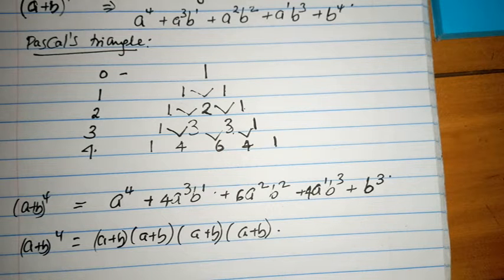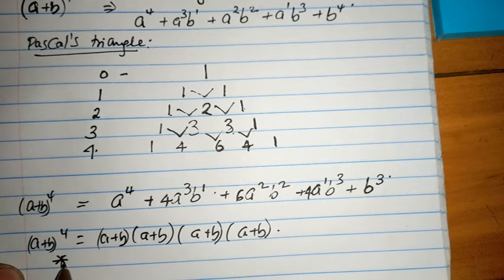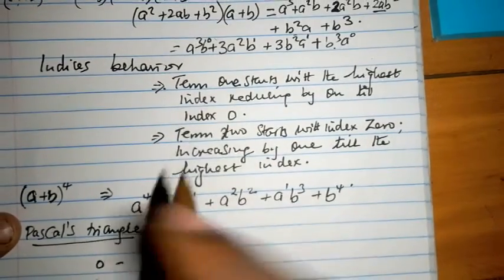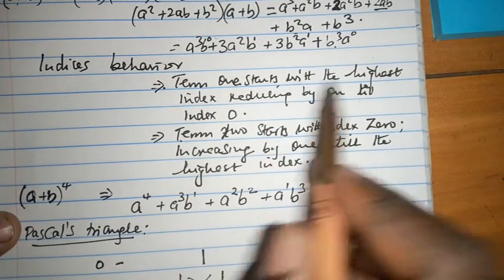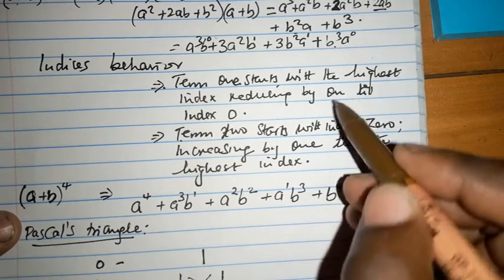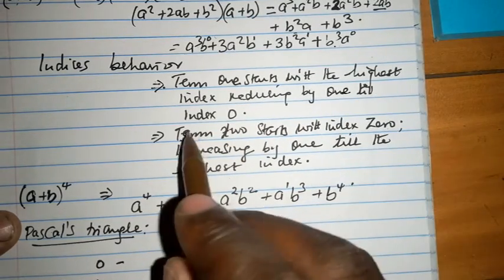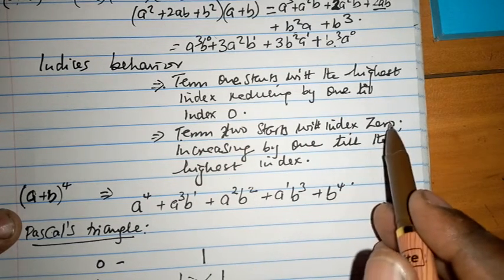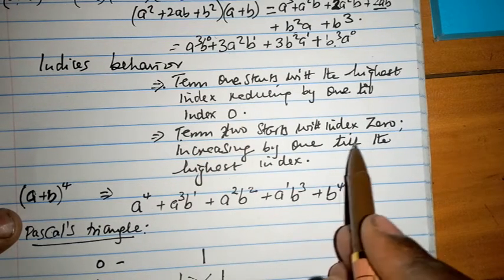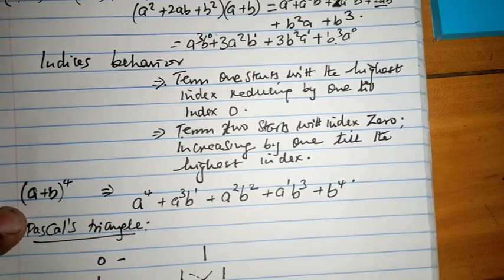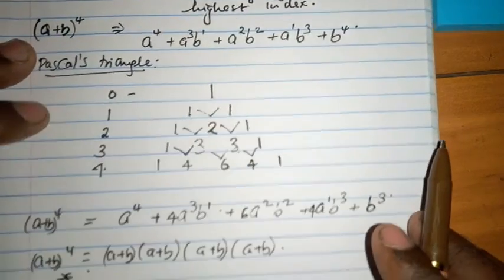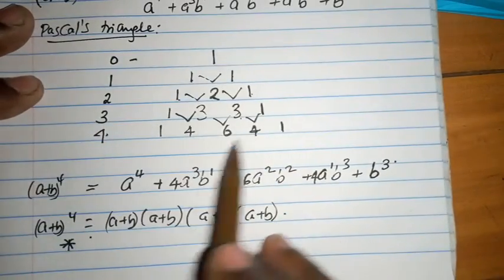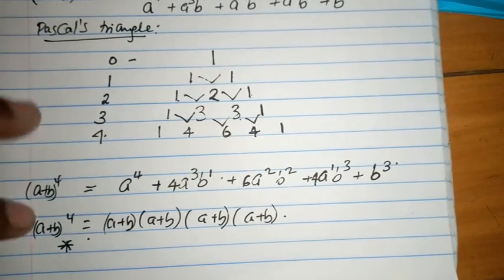Remember, we have learned two things. One, the power, the index: term 1 starts with the highest index, reducing by 1 till index 0. Term 2 starts with index 0, increasing by 1 till the highest index. Please remember that. And of course, don't forget the coefficients, which are brought in by Pascal's triangle.